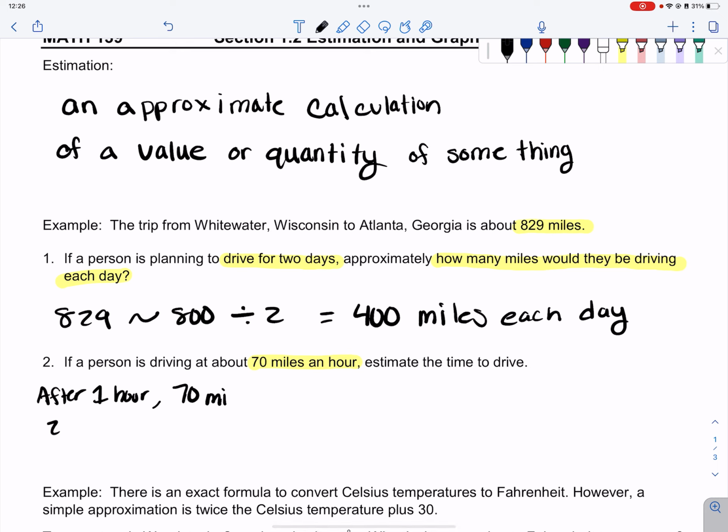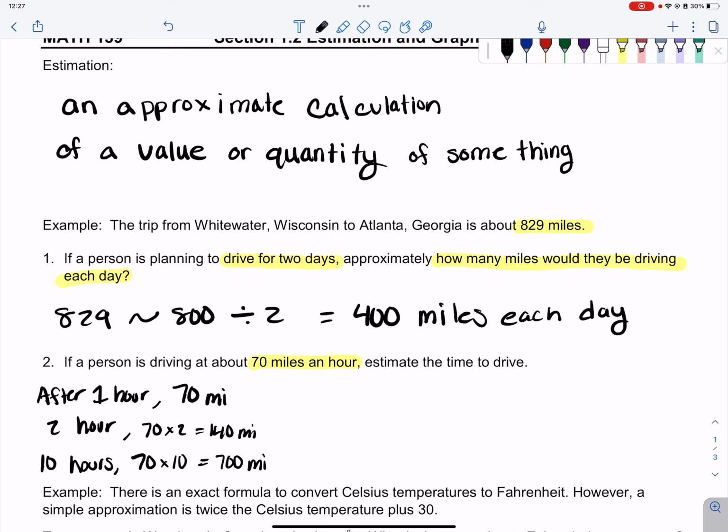If 2 hours goes by, that means that they have traveled 70 times 2, which is 140. So they've gone 140 miles. Maybe let's scale this up a little bit and suppose 10 hours have gone by. Then the distance that they have gone is 70 times 10, which is 700. So they've gone 700 miles after 10 hours.